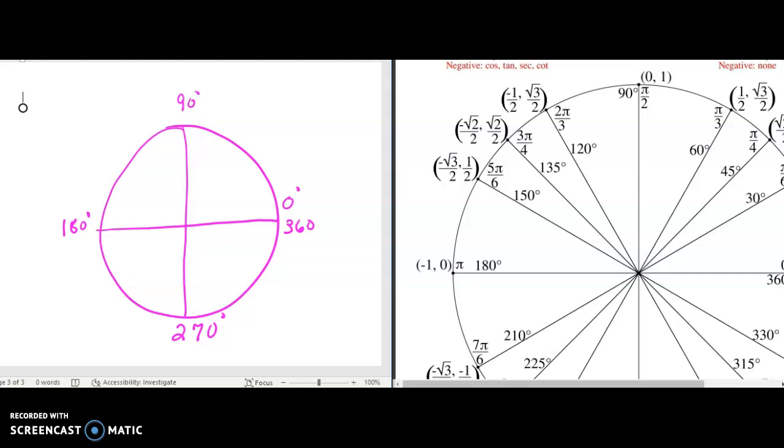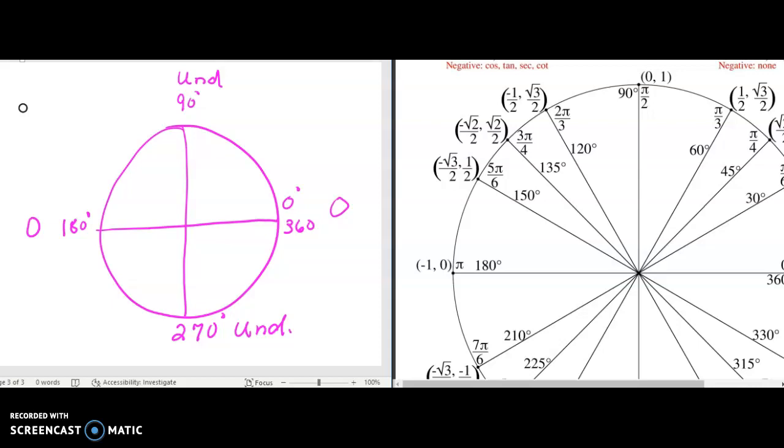And the tangent values are 0. 360 and 0 have the same tangent value. A 90 is undefined. 180 is 0. And 270 is undefined.